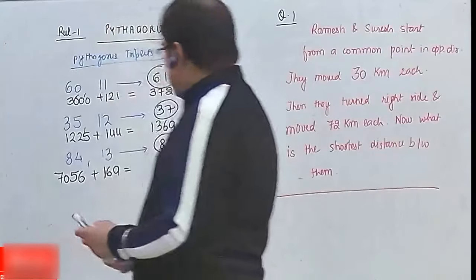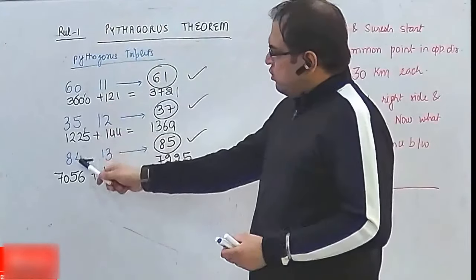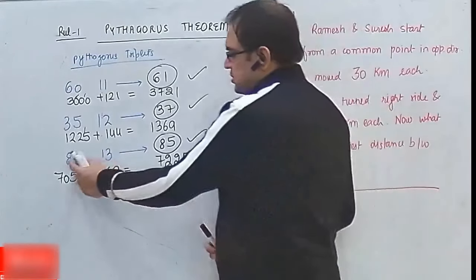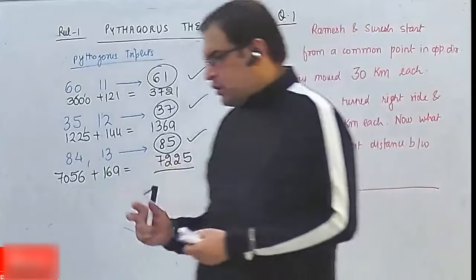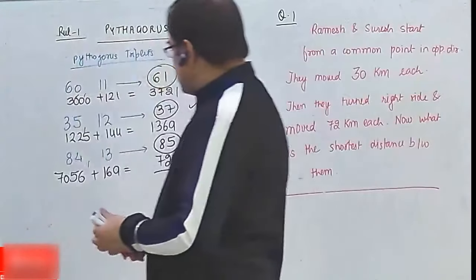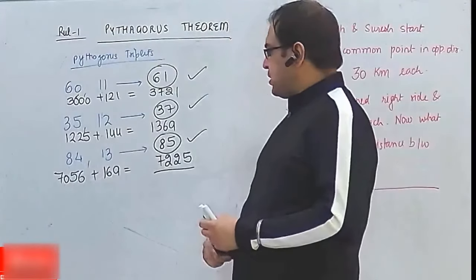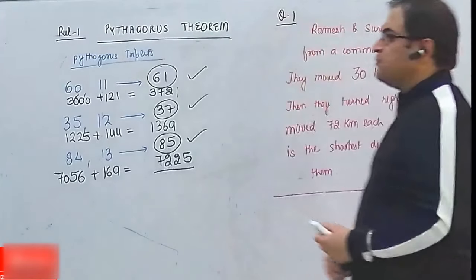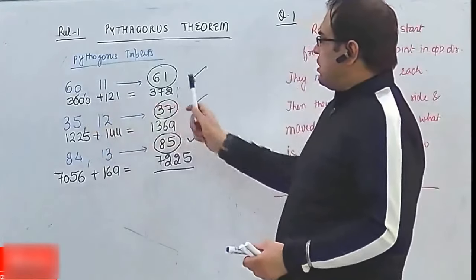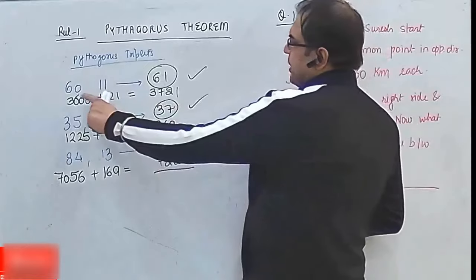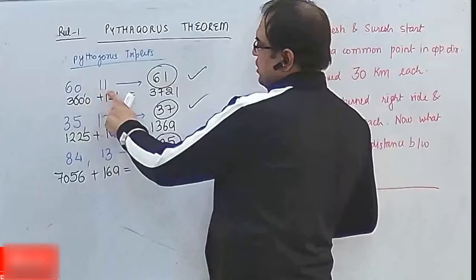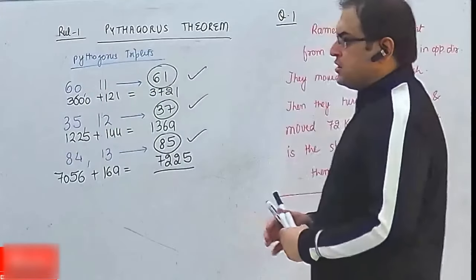So I'll tell you how to find the square of big numbers. In the fundamental class, we will provide you the method of finding the square of big numbers. Right now you can just practice this and remember these values: 60 and 11 gives 61.